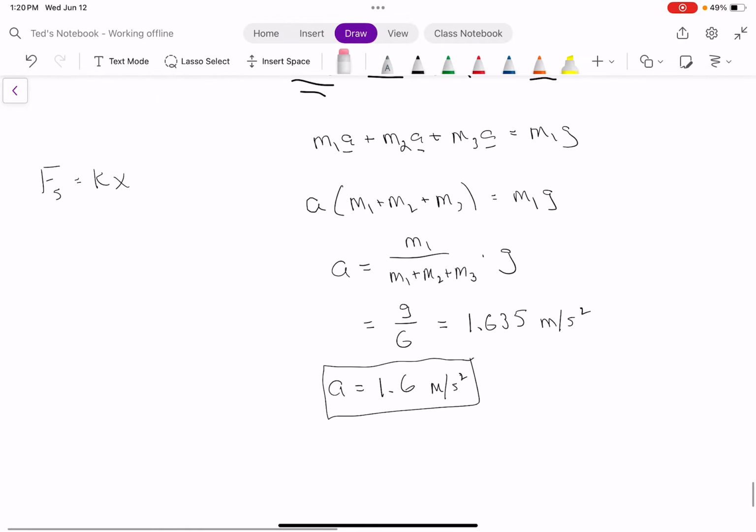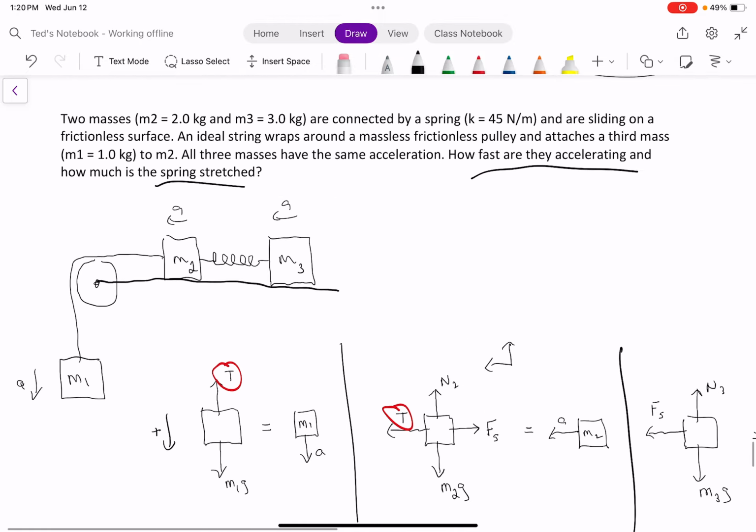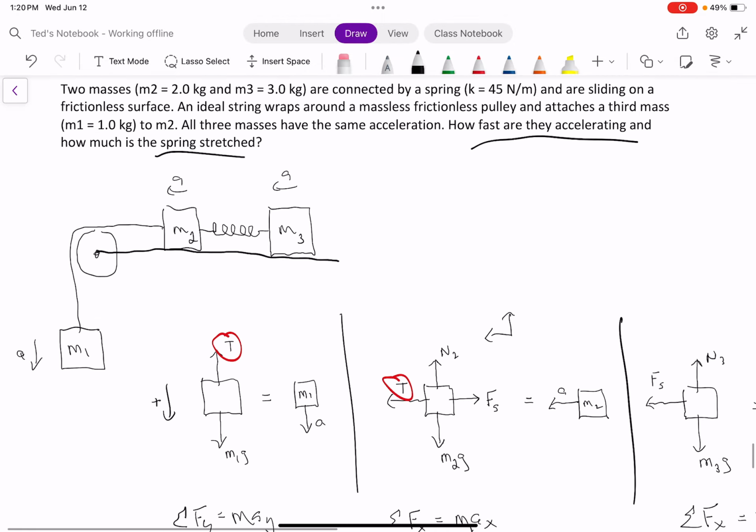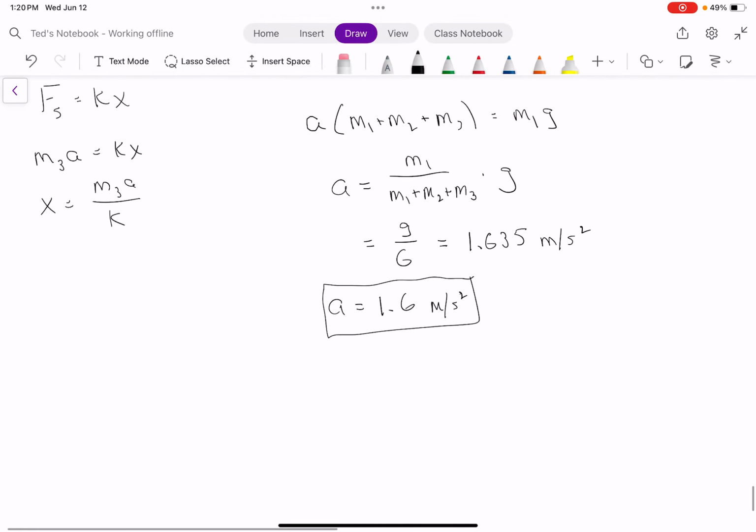So that means that m3a should equal kx. So to find the stretch, I need m3a divided by k. Plugging that in, m3, of course, is 3 kilograms. K is 45 newtons per meter.